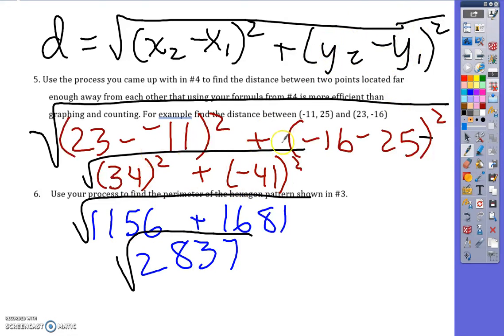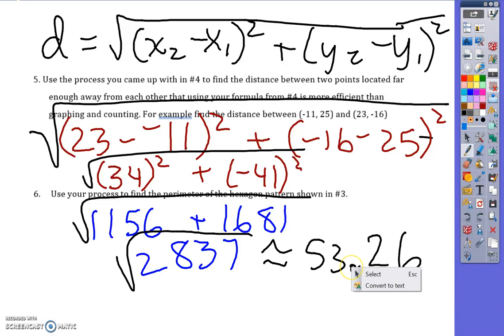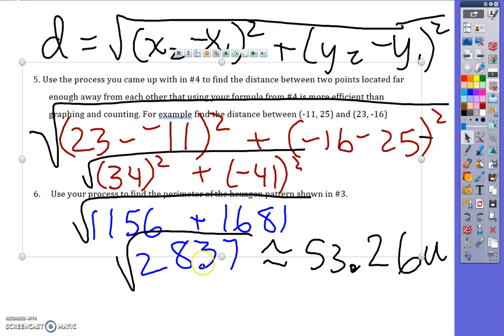The next thing we do is square this number, get this, square that number, get that, add them together, then take the square root with my calculator of 2,837 and get approximately 53.26 units because it doesn't tell us what. And we're finished. So that's pretty cool, and it works, and it does what I need it to do. I totally covered up number 6, so we're going to fix that in just a second. But that's the idea of using the distance formula.